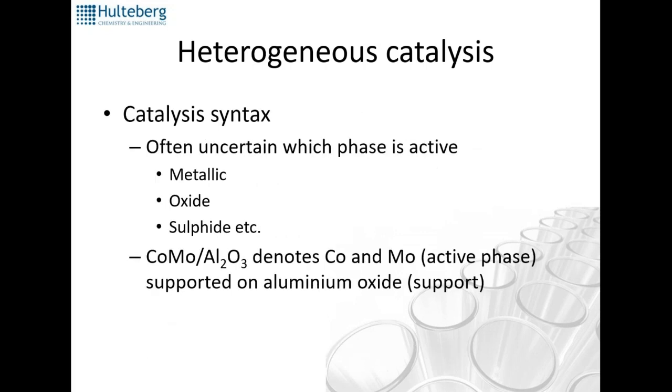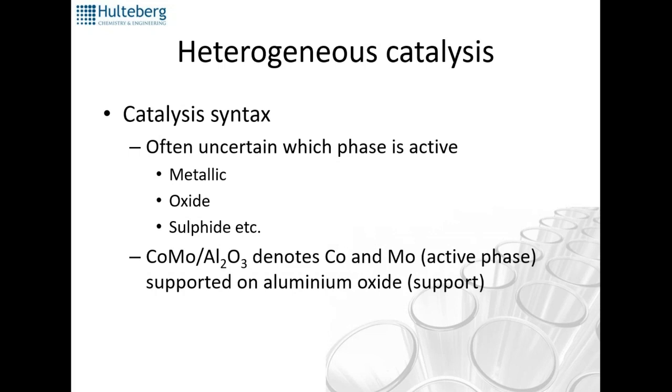When we talk about catalysis, we use a certain syntax. Since it's oftentimes uncertain what phase is active when we actually put it inside the reactor and we operate it, it can be the metal that is active, but it can also be an oxide or a sulfide of the metal, or a very strange combination where you have an oxide but it's metallic on the surface because the surface is reduced or something like that.